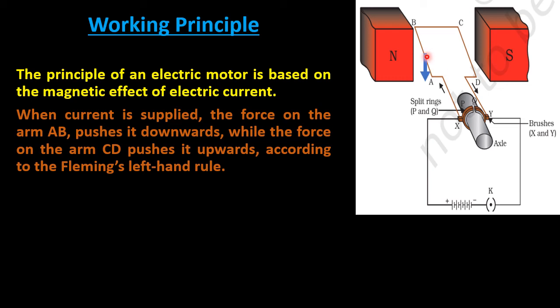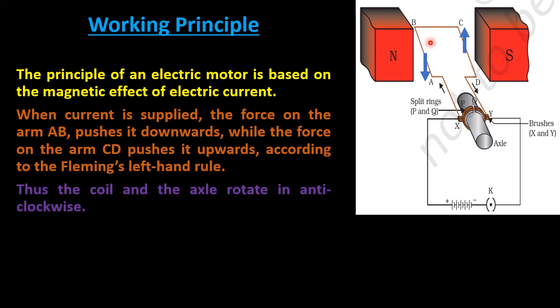So this is the direction of force acting on the side AB, and this is the direction of the force acting on CD. So this side will move down and this side will move up, so that this armature will rotate in this direction, which is anti-clockwise. Thus the coil and the axle rotate in anti-clockwise direction.